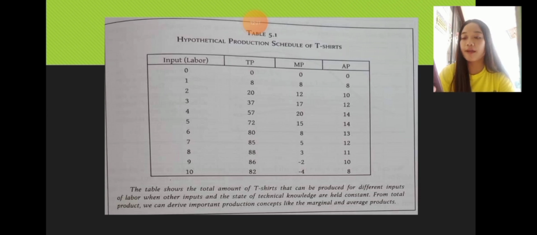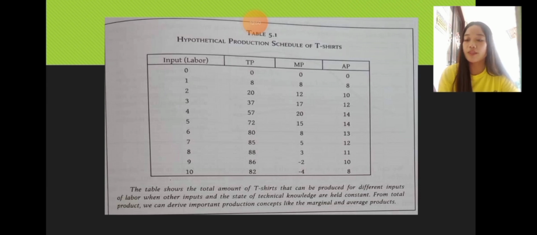The final concept in the production theory is the average product, which equals total product divided by total units of input used. The fourth column of table 5.1 shows the average product of labor: 8 units per worker with 1 worker, 10 units per worker with 2 workers, and so forth.